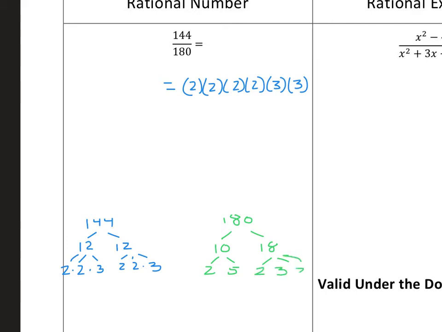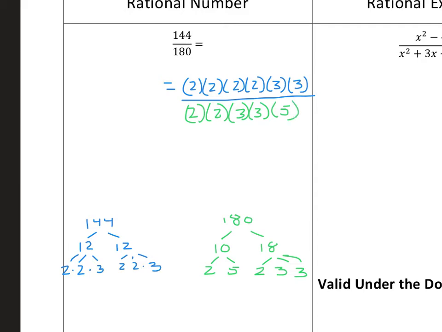And then I have another 3 here. So I can write the number 180 as 2 times 2 times 2 times 3 times 3, and then I have a 5.